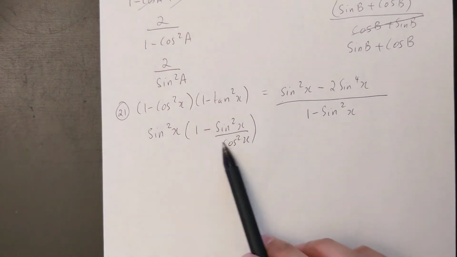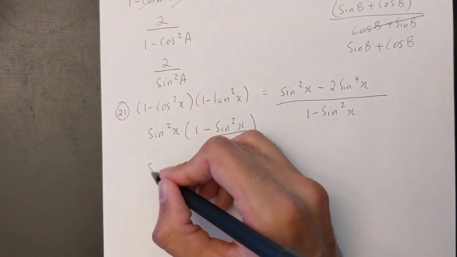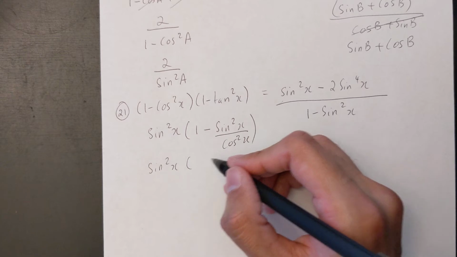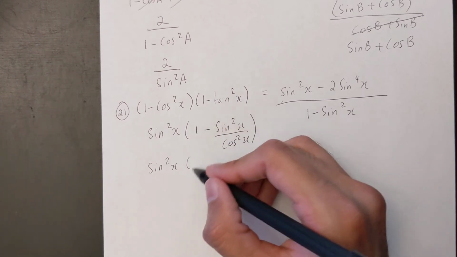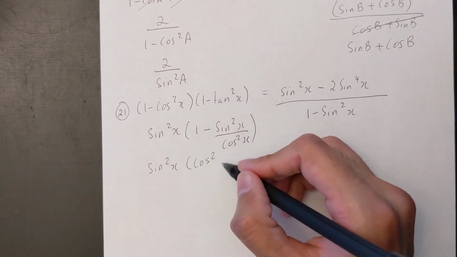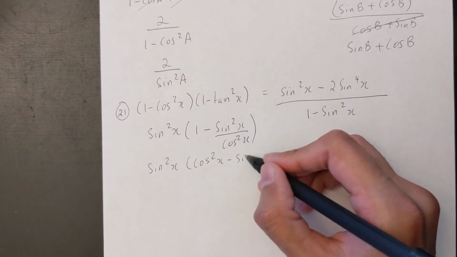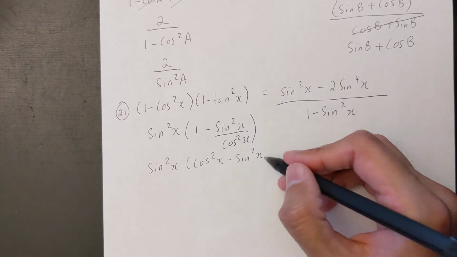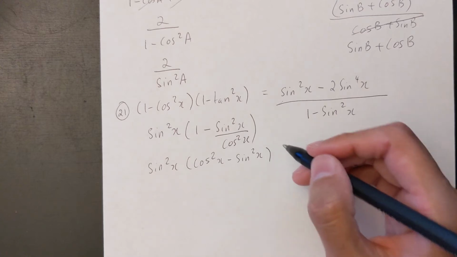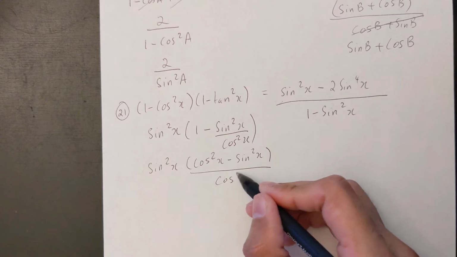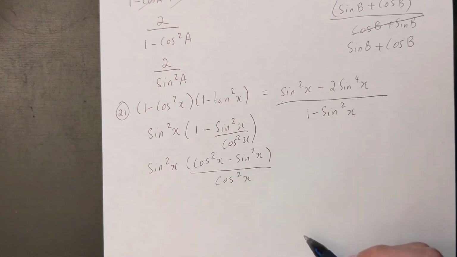I'm going to make a common denominator over here now. So sine square x, I'm going to multiply cos square on the top and bottom. So cos square x minus sine square x over cos square x.